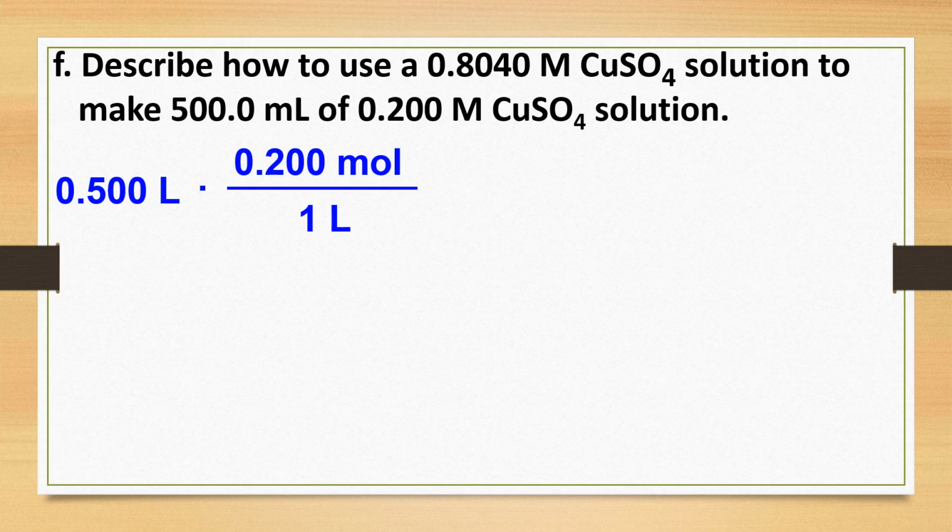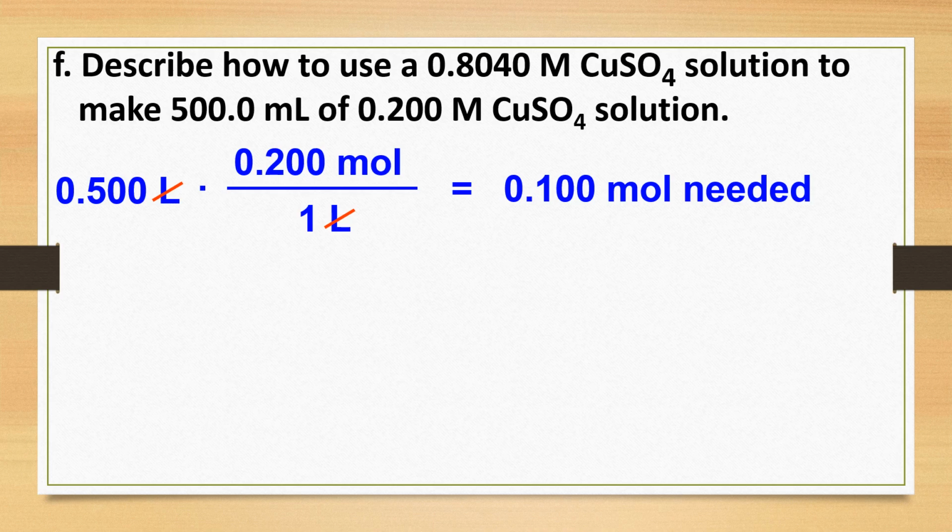If you started with the concentration, you would have these two numbers switched, but you would have the exact same outcome, right? So now you end up with 0.5 multiplied by 0.2, in units of moles, because your liters will be crossed off. Now you have 0.100 moles of solute needed.